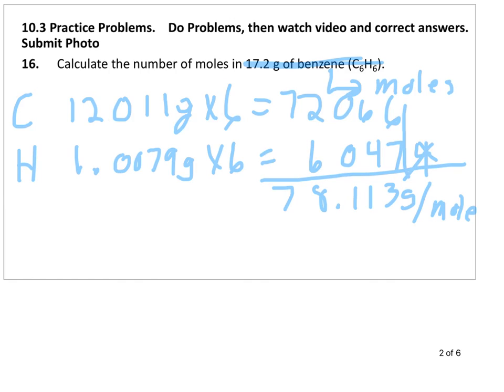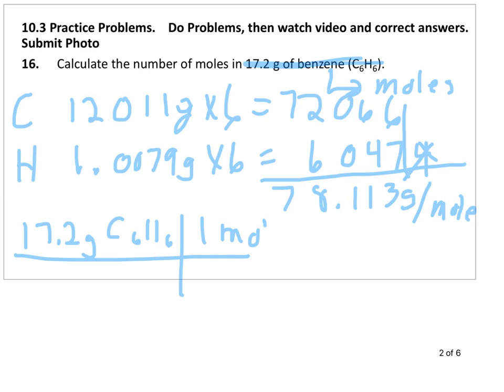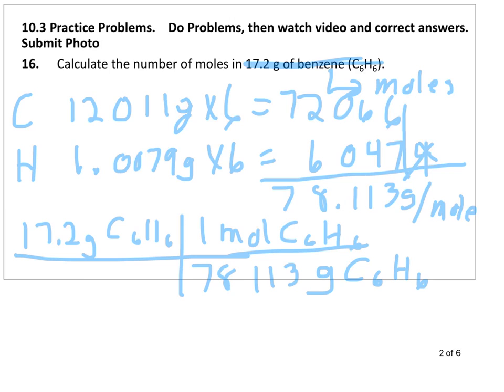Then it's just like doing it for an element. We just take the mass, 17.2 grams of C6H6, times 1 mole of C6H6 is 78.113 grams of C6H6.